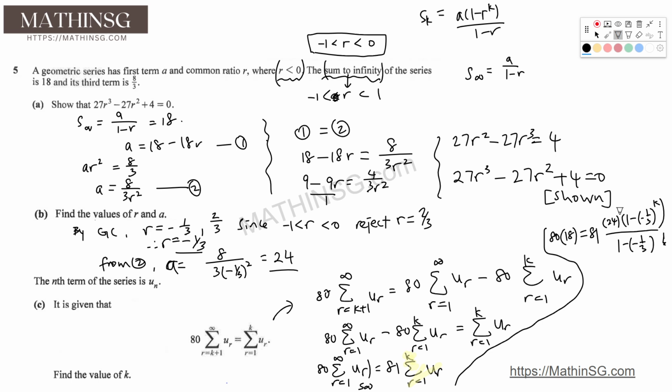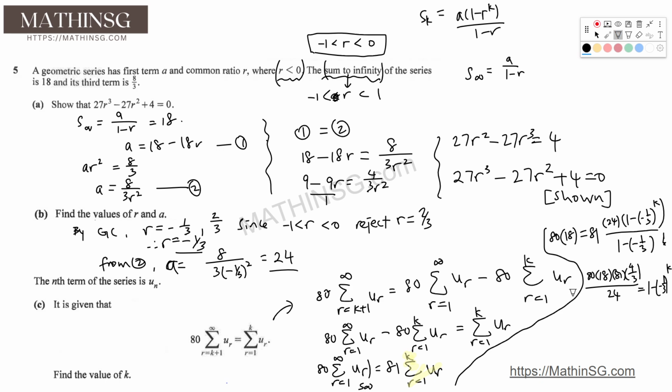Based on this, I can simplify this first, or I can just simply type everything into the GC and solve it. This one is 4 over 3. So I can take 80 times 18, over 81, times 4 over 3 over 24, equals 1 minus negative 1/3 to the power of k.